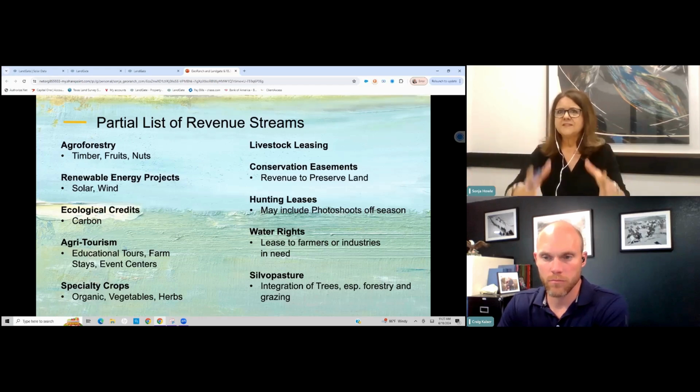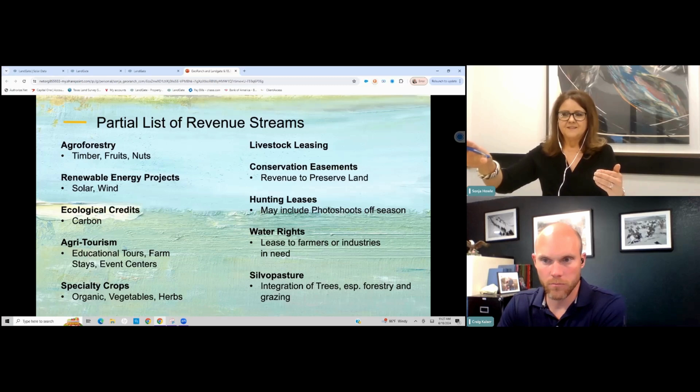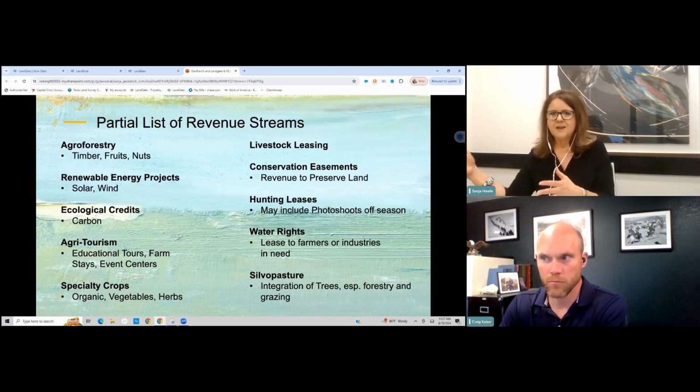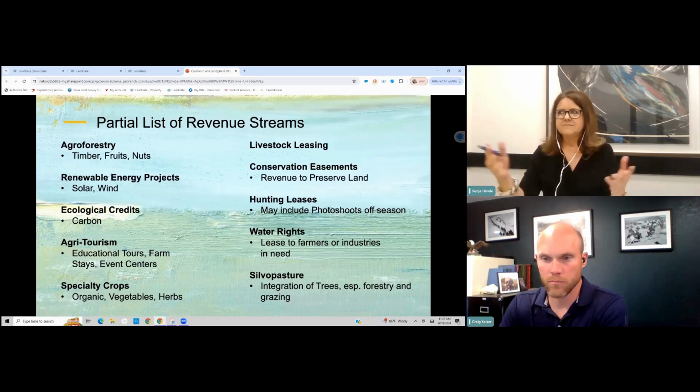He owns the land, and his revenue is based on a wind lease and lease payments from the people who are on his ranch managing the herd who actually own the livestock. There's also an equity situation built in over time. I just think we need to start looking at those kinds of innovative solutions that are really good for both parties.